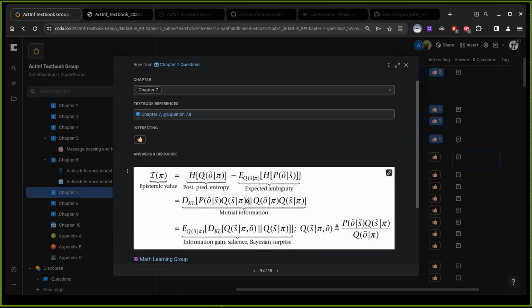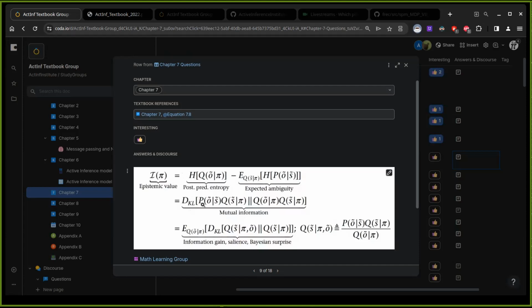Here, mutual information, which Neil alluded to earlier, it's a very interesting quantity, especially because it's an equivalence. We have Q of S given pi on both sides. So this part is kind of not changing for a given policy.